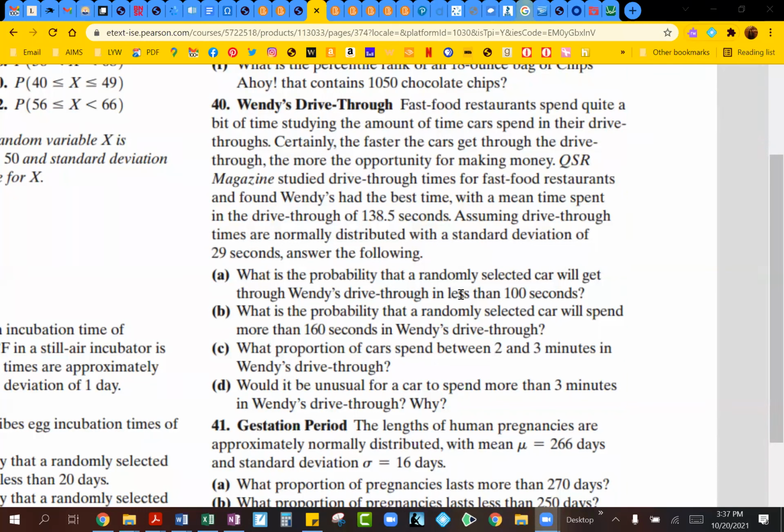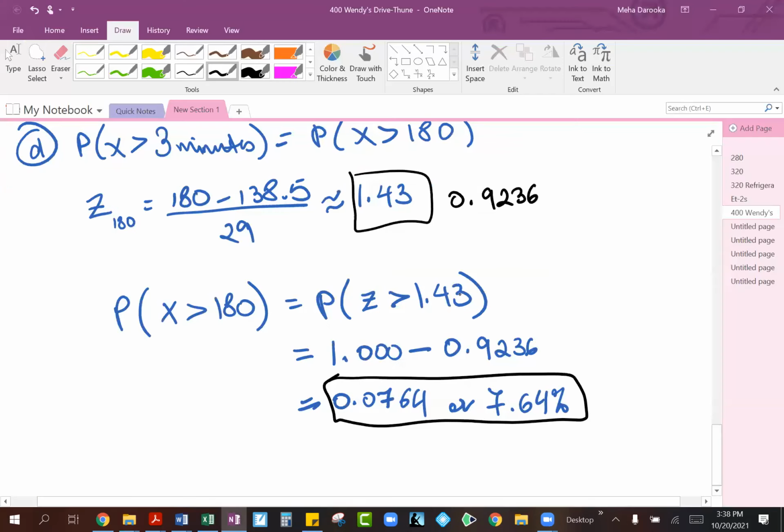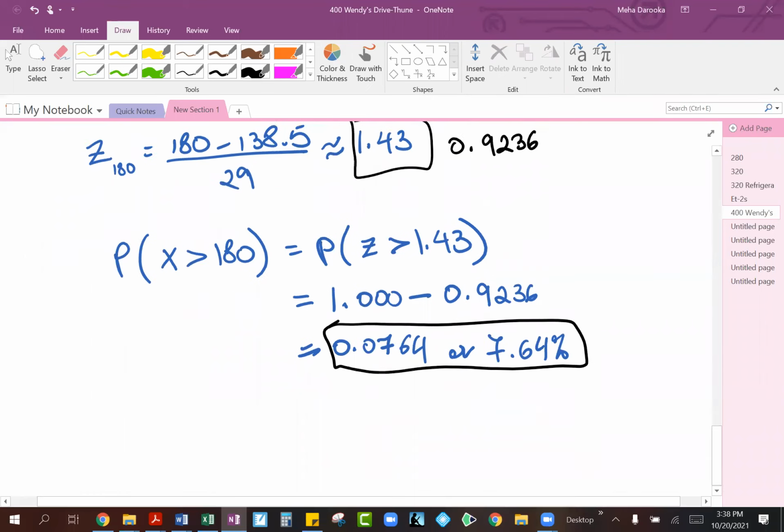So it is not that unusual, because think about that. When we are saying 0.07, this is more than 0.05, so almost 8% if we just round it up. So 8 out of 100 cars, if they are going to be spending more than 3 minutes, then obviously that's not a very unusual number. Even though your chances are low, it's a smaller probability, it's still not going to be unusual.